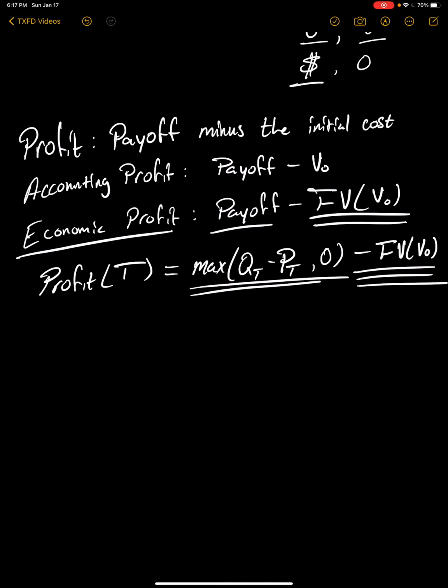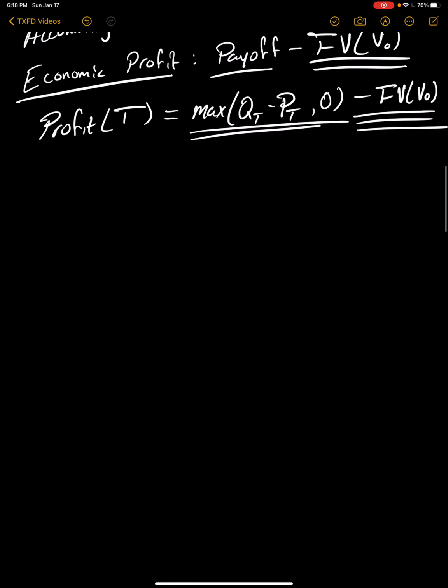Now, we can start to talk about being long and short in something. And so with our option here on Q and P, we can define long and short using that.